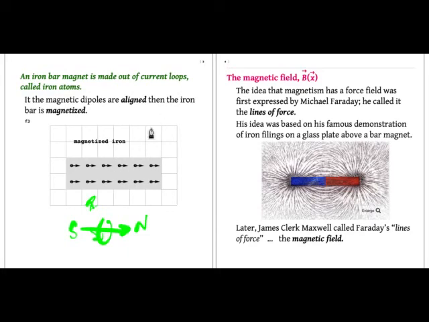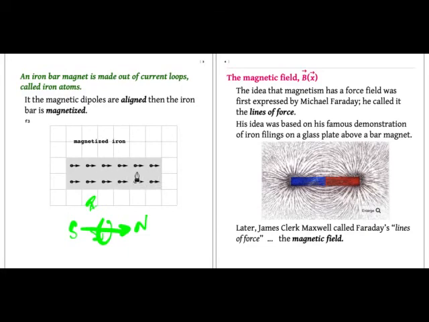Now, the forces are not action at a distance. Remember, in the case of the force between charges, the force is not action at a distance. It's caused by a force field, which we call the electric field. Well, the same is true in magnetism.